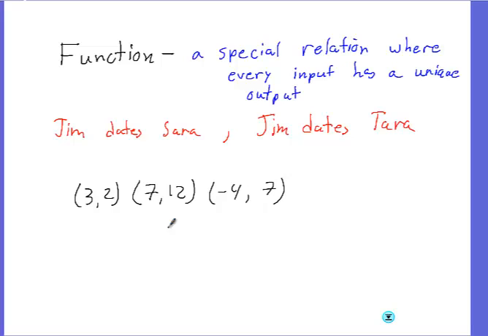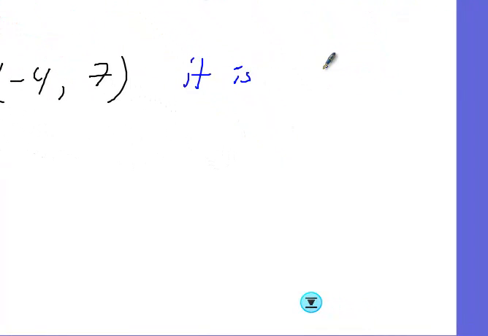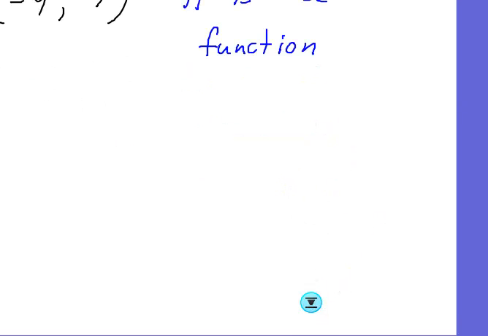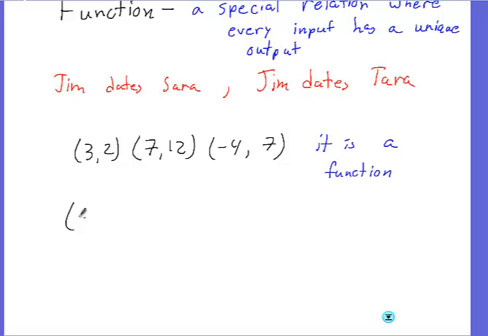In order for this to be a function, every input must have a unique output, aka each input can only have one output. So let's look at our inputs. We have 3, 7, -4. Do any of our inputs repeat? The answer is no, so it is a function. All right? Because all of our inputs are unique, none of them repeat.